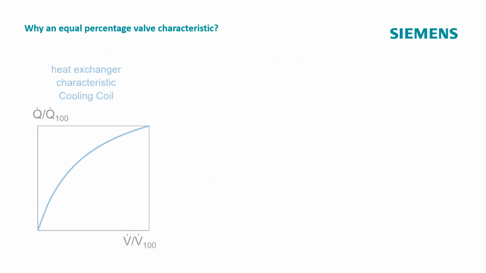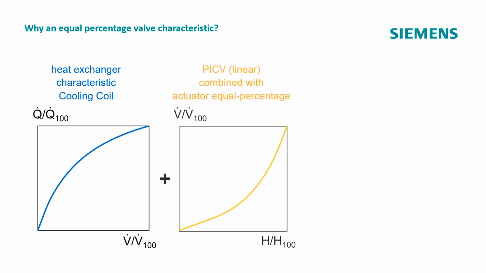A typical cooling coil has a heat exchanger characteristic that is highly nonlinear. This means that even at a low volume flow, a relatively large amount of power is transferred. A PICV has a linear valve characteristic. In combination with an actuator with an equal percentage characteristic, the nonlinear behavior of the cooling coil is largely compensated.